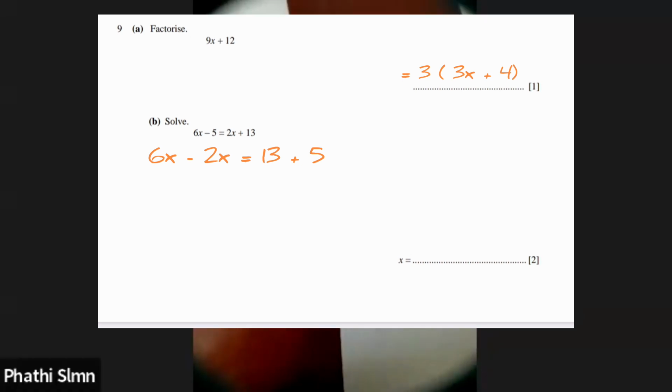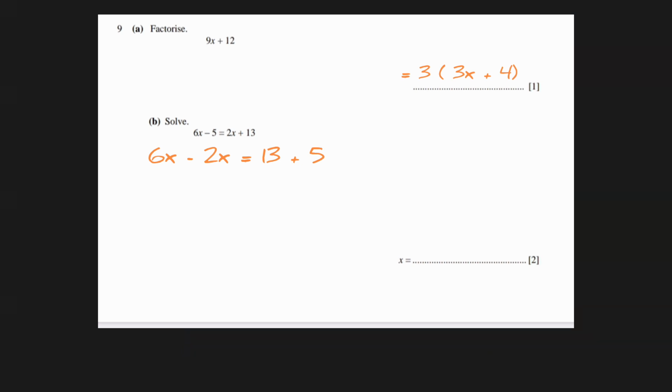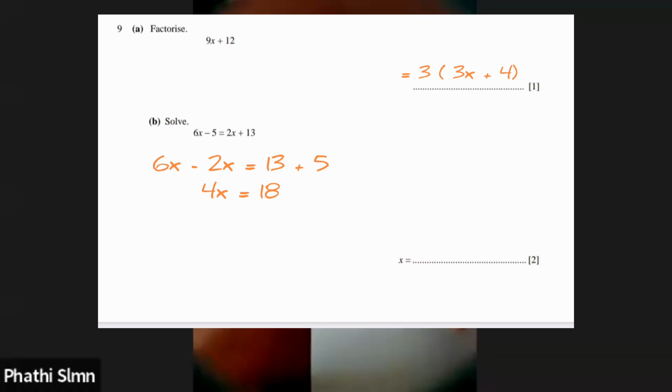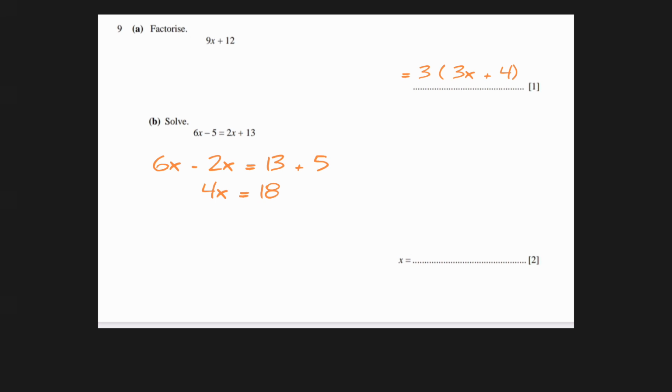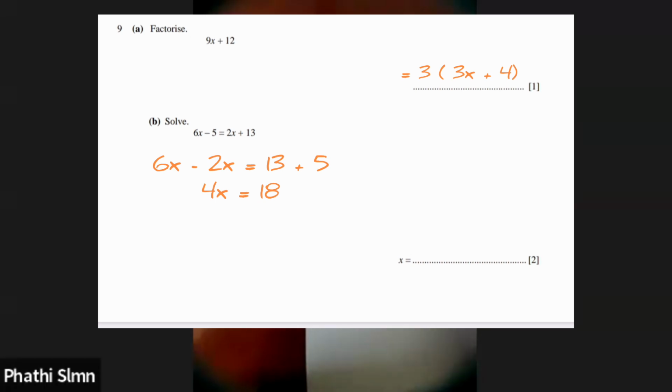Then what do we get? What is 6x minus 2x? 4x. So 4x is equal to what is 13 plus 5? 18. Yes, don't give up. So we've got our 18.